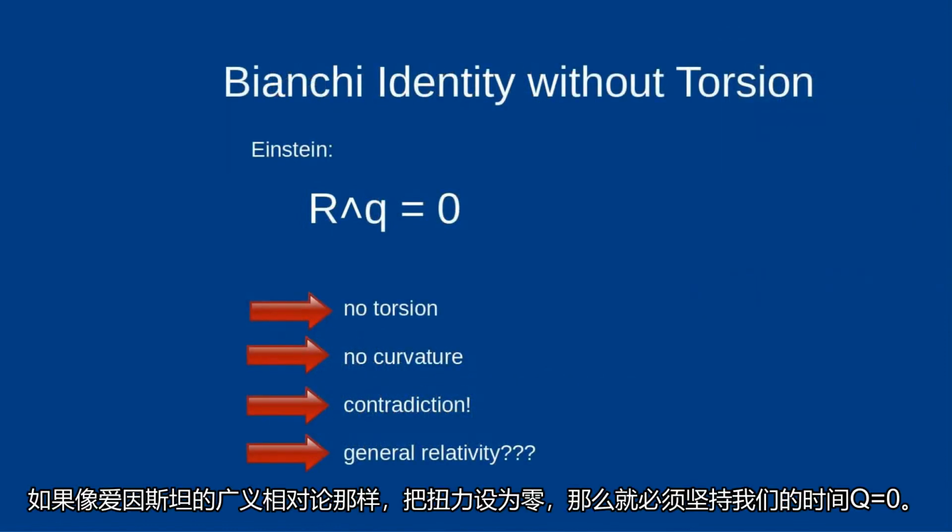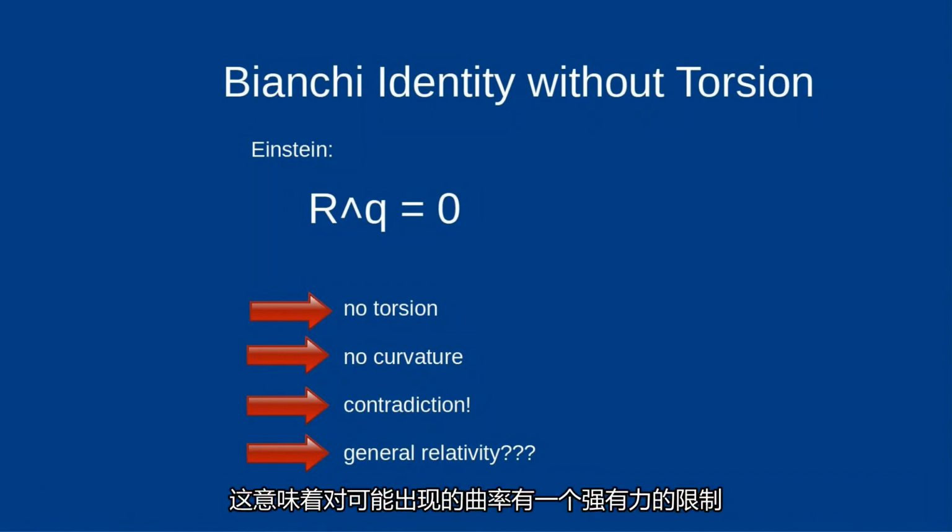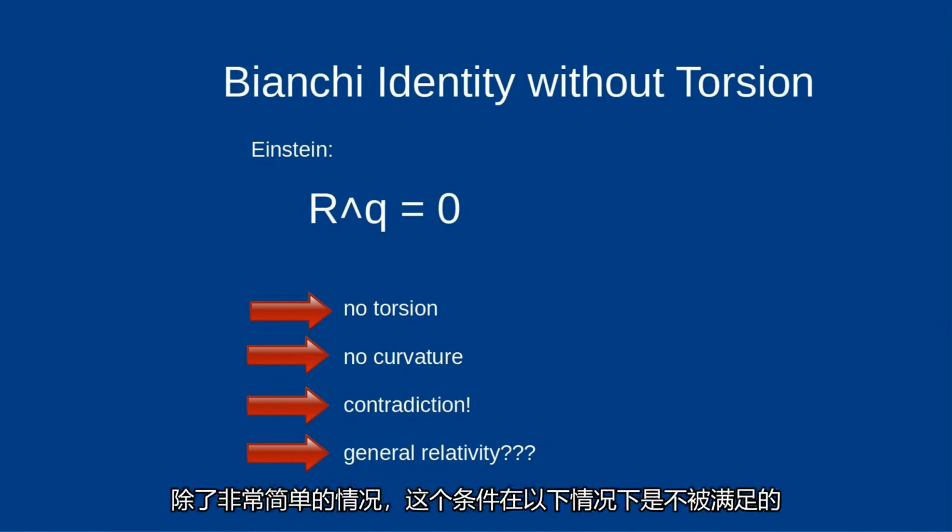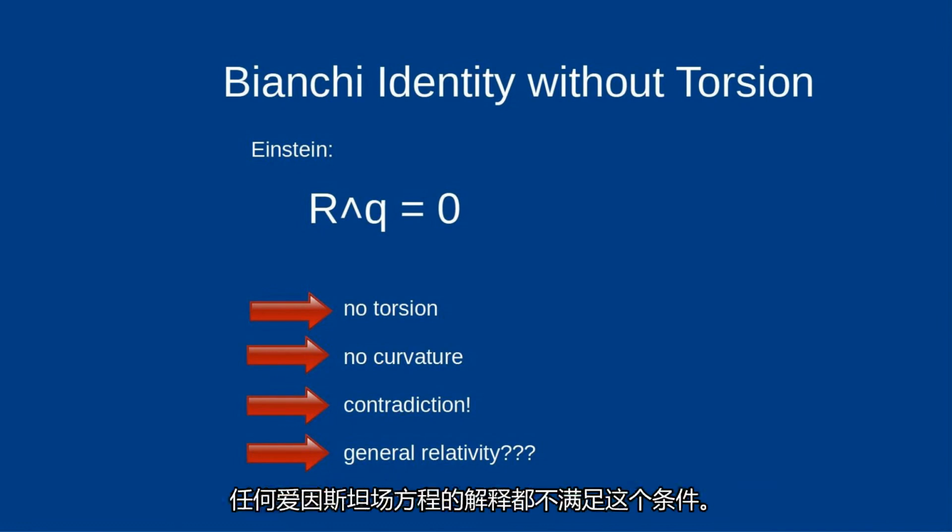If, as in Einstein's general theory of relativity, one sets the torsion to 0, it must hold that R wedge Q equals 0. This means a strong restriction on the possible curvatures that come out as a solution to Einstein's field equation. Except for very simple cases, this condition is not fulfilled for any solution of Einstein's field equation.